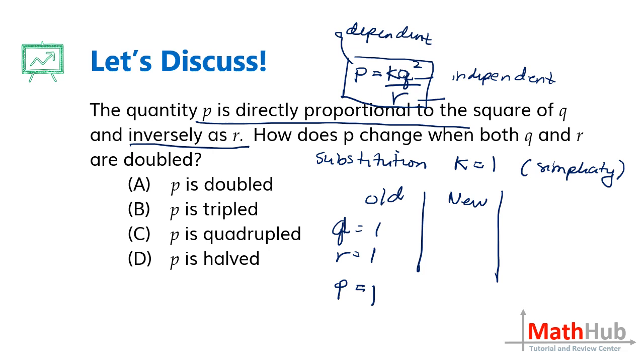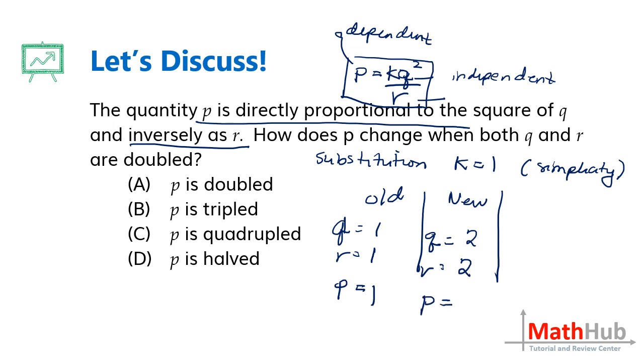Now, we want Q and R to be doubled. That's why I always start with my old values as 1, so that for the next column, it will be easy. My Q and R here will be doubled, but since the original values are 1, this will be both 2.